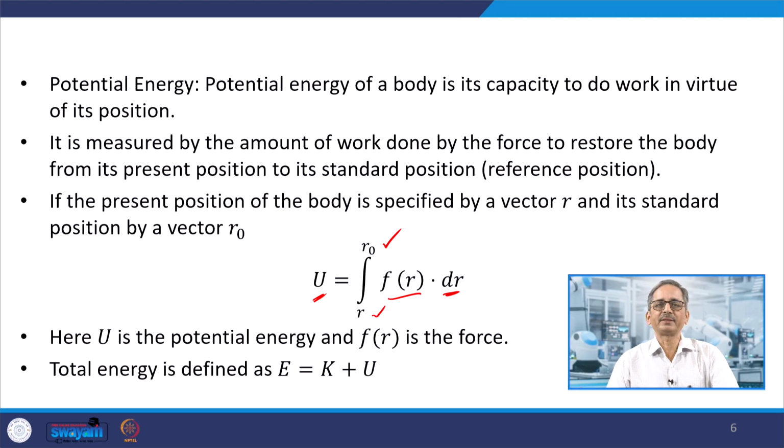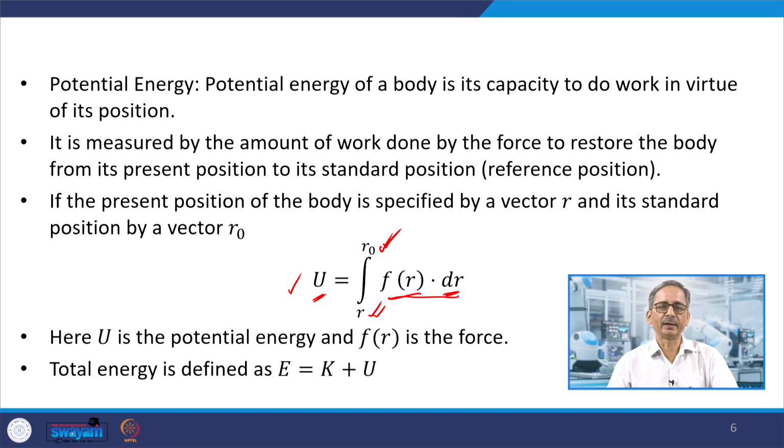So, if the present position of the body is specified by a vector r, and I am taking that body to the standard position or reference position, which I define by vector r0, the work done will be the integral of F(r) dr from r to r0, and that is going to give me the potential energy.